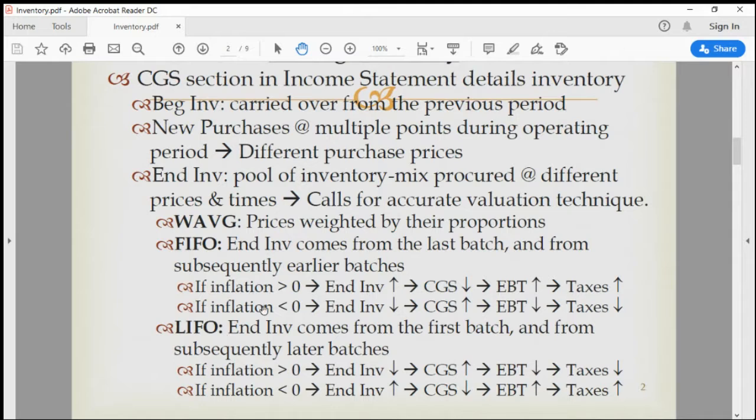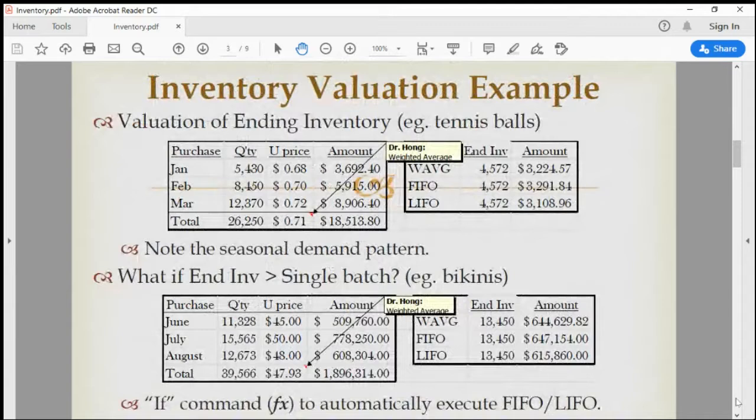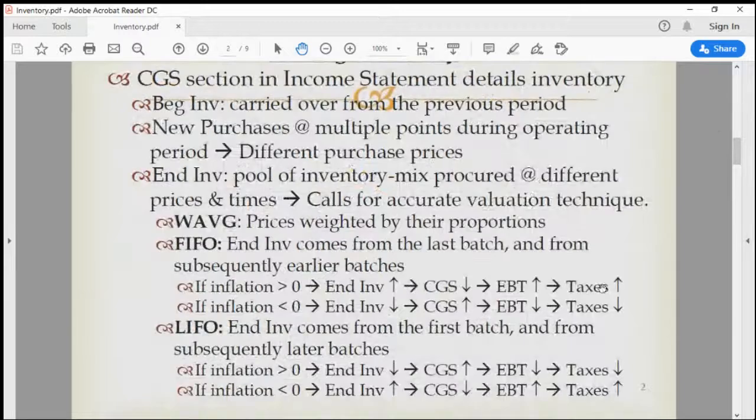And when prices are going down, I'm sorry, I mixed that up.